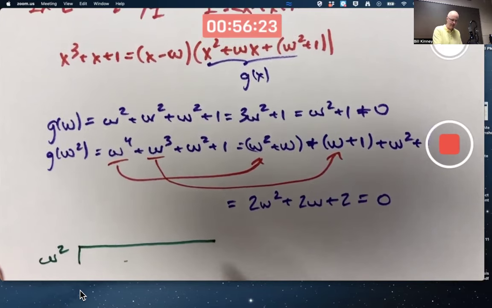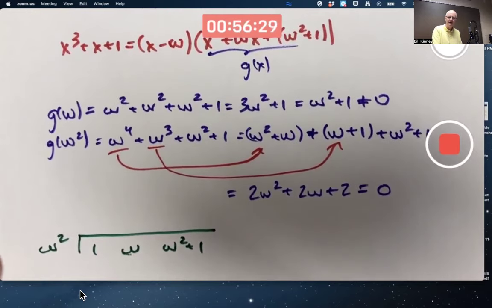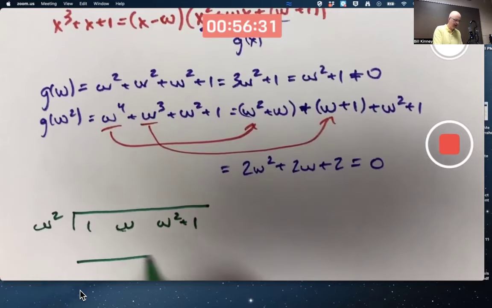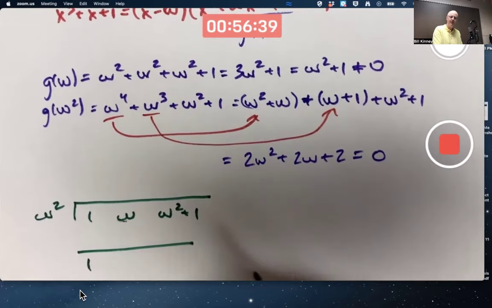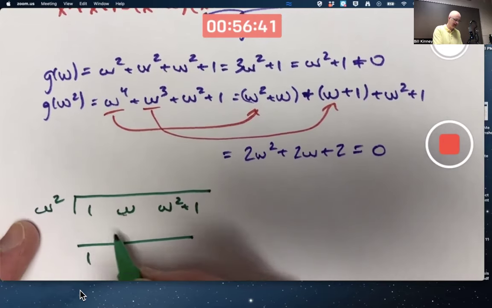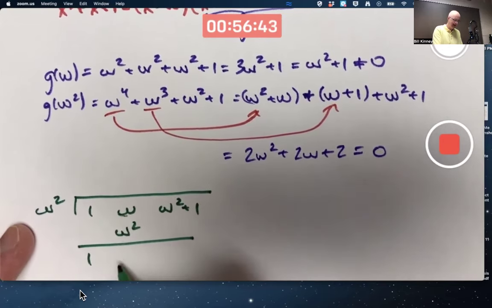Is omega squared a root of g? What are the coefficients of g? 1, omega, and omega squared plus 1. If I try confirming that omega squared is a root with synthetic division, I should get 0 at the end, the remainder. Add. 1 plus 0 is 1. Multiply. Add.